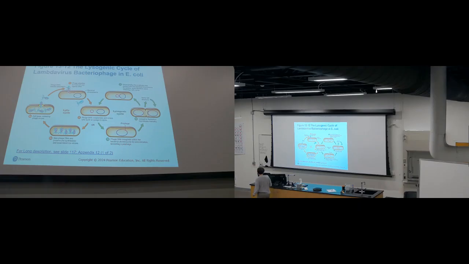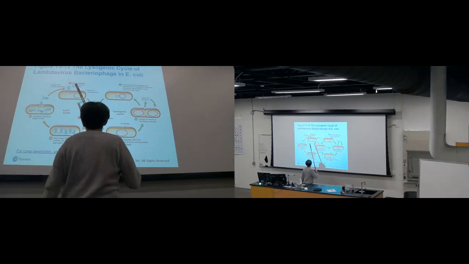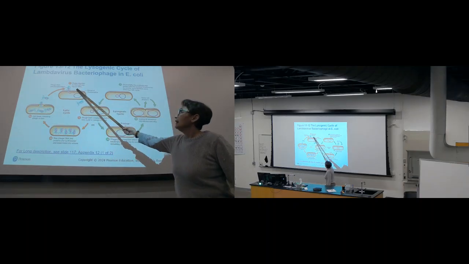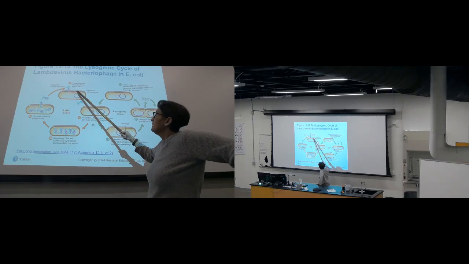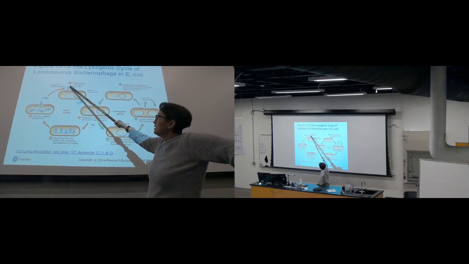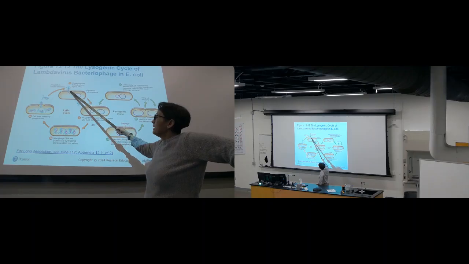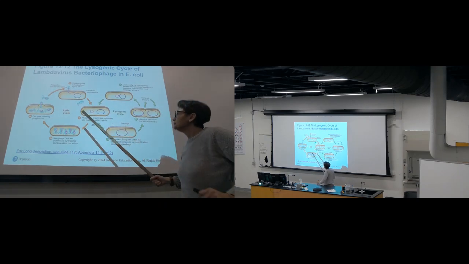So here is the combined lytic and lysogenic cycle for lambda. Just as before with T-even, lambda attaches to the host cell, and in this case you have penetration as well. They put here the DNA for lambda in this fuchsia color, and purple for the host cell.